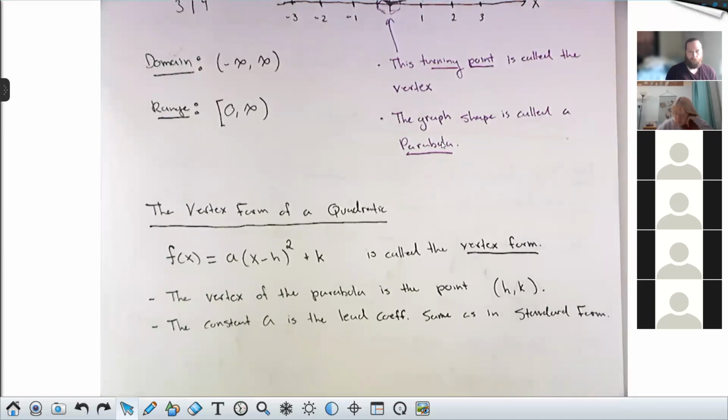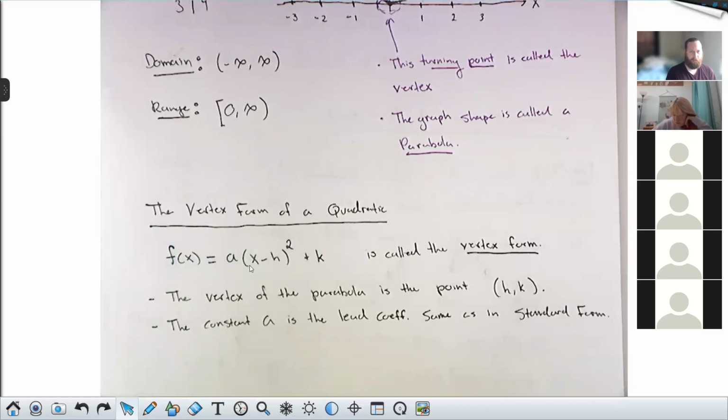Okay. So if you know the lead coefficient and you know the vertex, then you can write down the vertex form of the parabola. If you know the vertex form of the parabola, you can sketch a really nice graph.